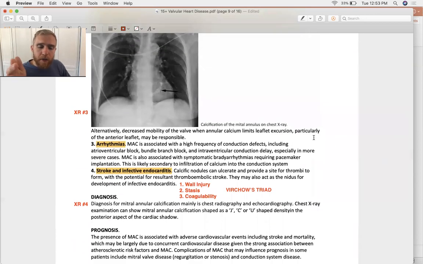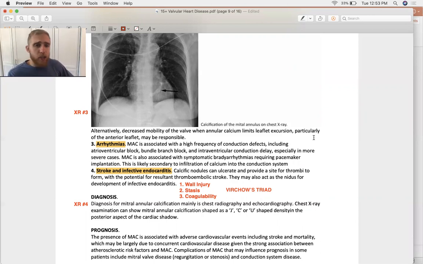An annular calcification, remember the annulus is the ring around the mitral valve, can also lead to an arrhythmia if the calcification starts to damage nervous tissue pathways. Possibly calcification could cause scar tissue to get laid down kind of as an obstruction in a conduction pathway, right?